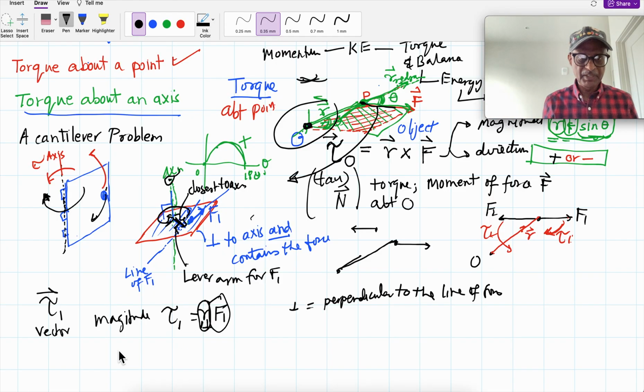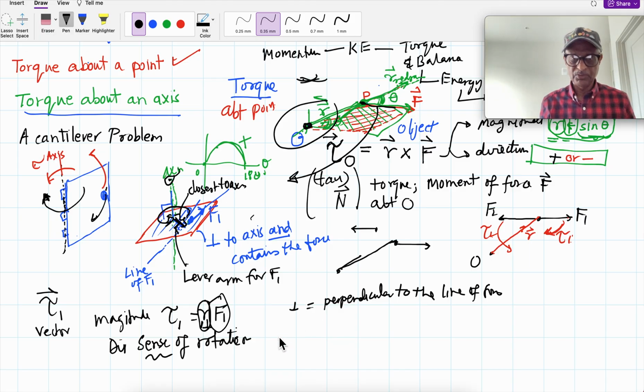So the direction is what we call the sense of rotation. The object doesn't have to rotate, okay? It's just what is the sense. So in this picture, if you look from above, it is counterclockwise.